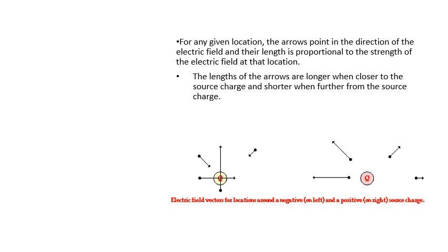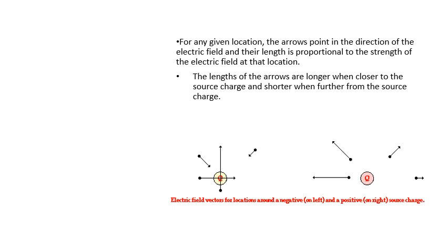As shown in the figure, for any given location, the arrow points in the direction of the electric field, and its length is proportional to the strength of the electric field at that location. Try to see from here the electric field vectors for locations around a negative and a positive source charge.